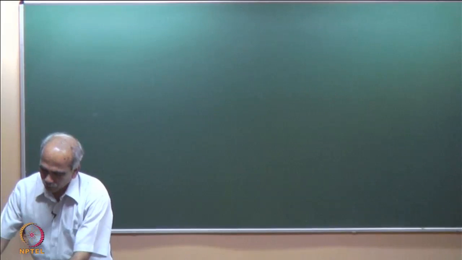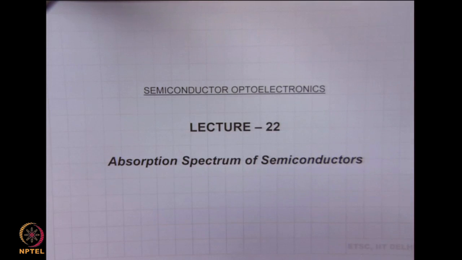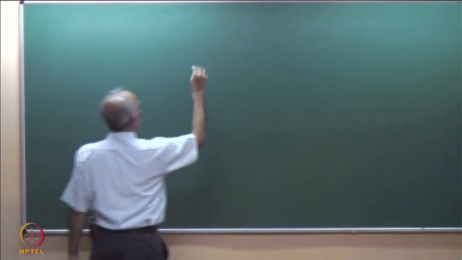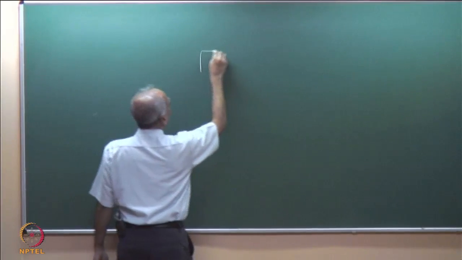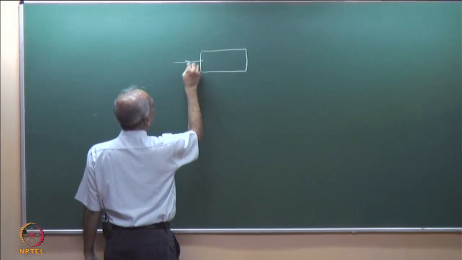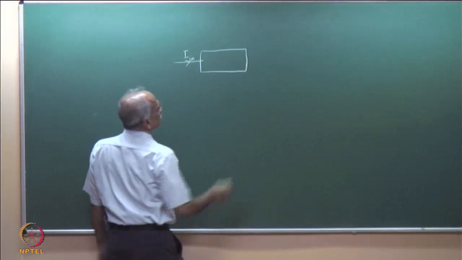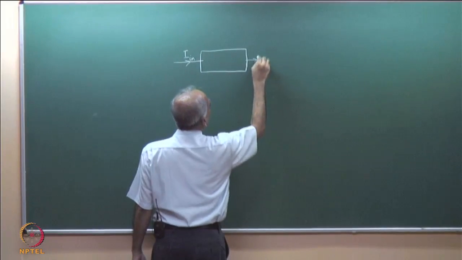In the last class we saw about the gain and amplification by stimulated emission, the condition for amplification by stimulated emission, and the laser amplifier. Our objective was to find out, if a beam of light of intensity I_in is entering a semiconductor, what the output I_out is.